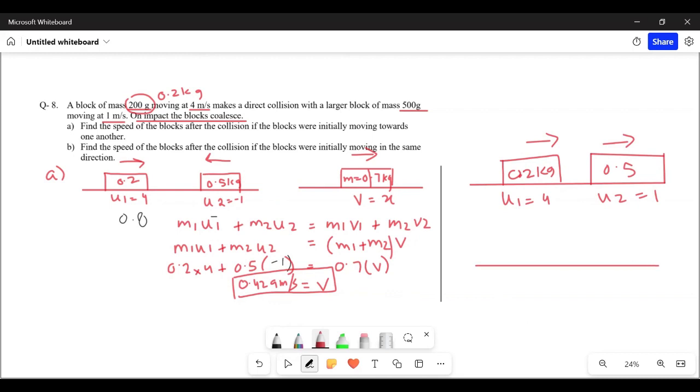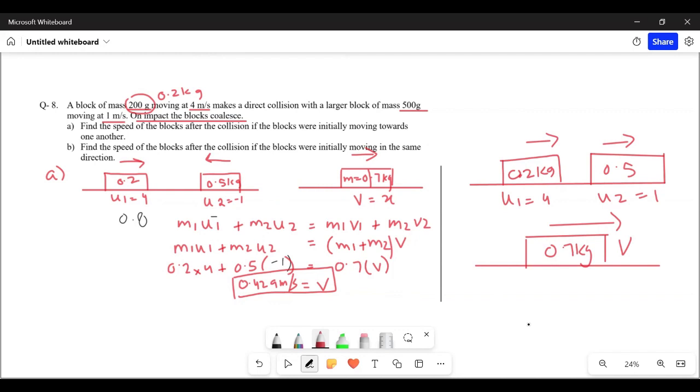And after impact, they coalesce and form one object with a mass of 0.7 kgs, and it will have a single speed and single velocity. And of course, it's also going to move towards the right because the objects before the impact were both moving towards the right. So after impact, the object is going to keep moving towards the right.